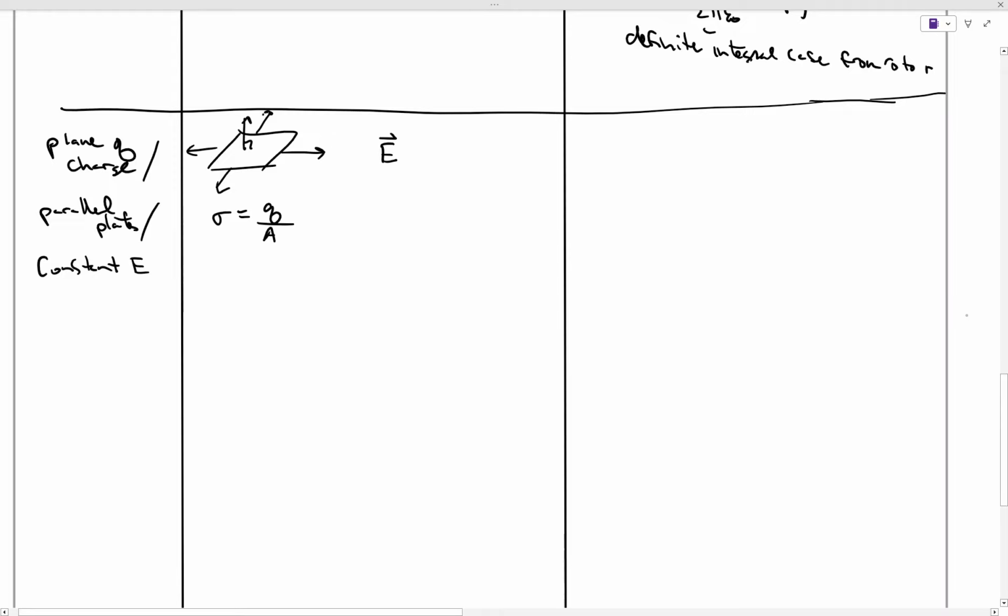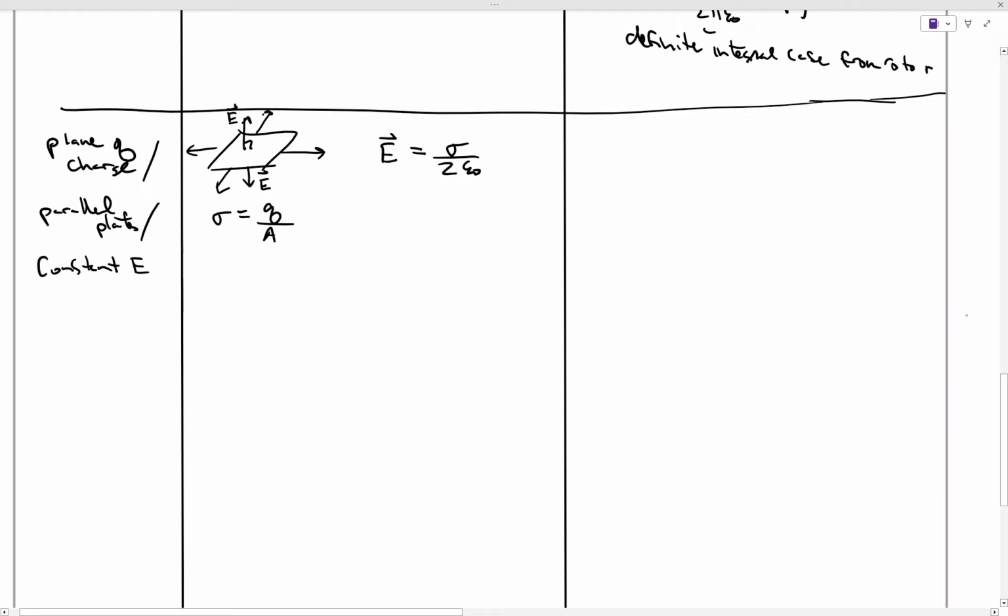And we derived with Gauss's law that the electric field for this configuration would be sigma over 2 epsilon naught. And remember, the electric field points both directions.